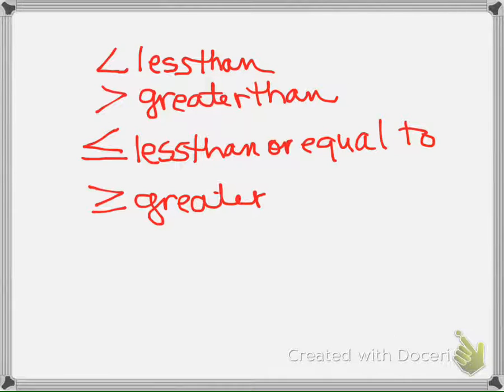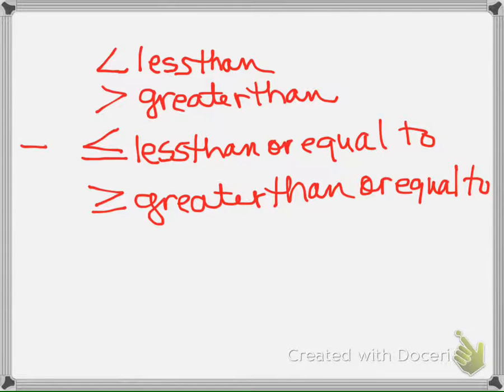And just to give you an idea of why they have those, let me give you an example about less than or equal to. Let's say you save up money all year long to buy Christmas presents.